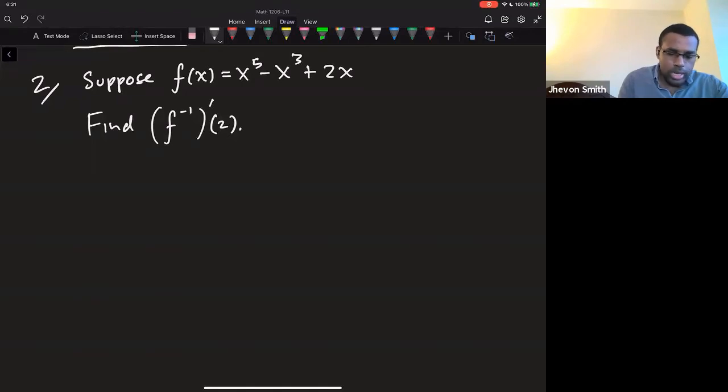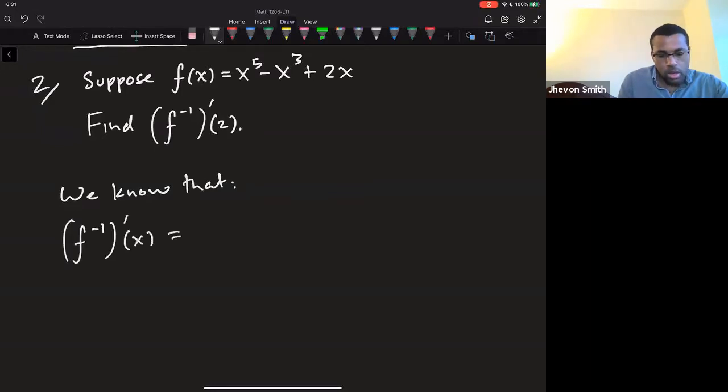So we know that the derivative of the inverse function is 1 over the derivative of the original function evaluated at the output of the inverse function.